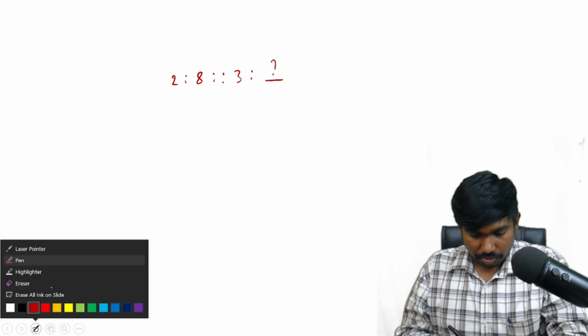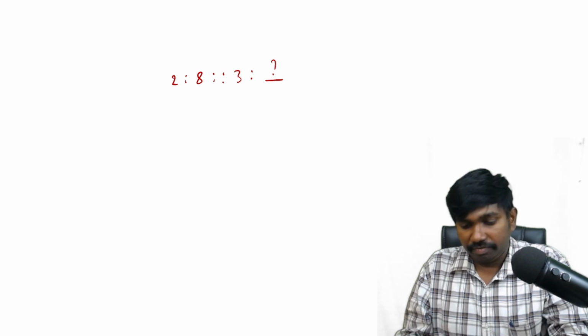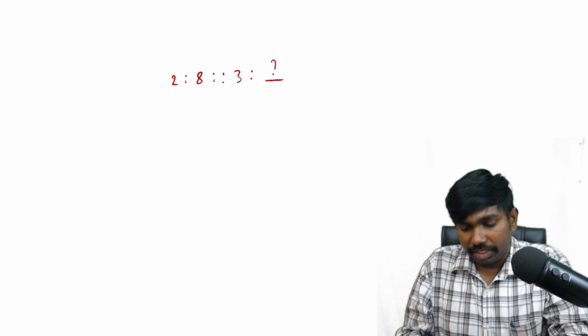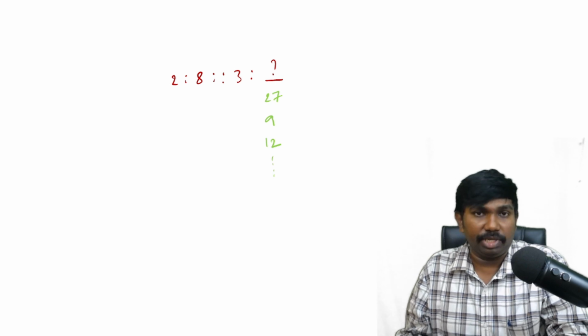Let us see some examples. If I ask you 2 is analogous to 8, then 3 is analogous to dash. If this is my question, tell some answers. I think you might have said these options, right? 27. Some of you may have said 9, and some of you may say the answer as 12, and actually we'll get many answers.